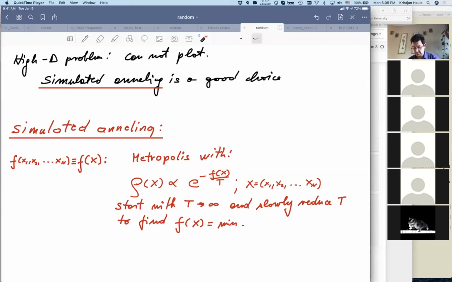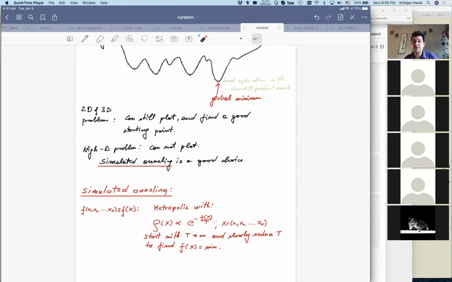So the contribution of the exponent when f has the minimum value is going to be the largest, and therefore, of course, we are going to end up in that state which has the largest possible probability. And provided there is some little gap between the ground state and the excited state, we're going to end up exactly in the ground state. Otherwise, we're going to end up close enough to the ground state.